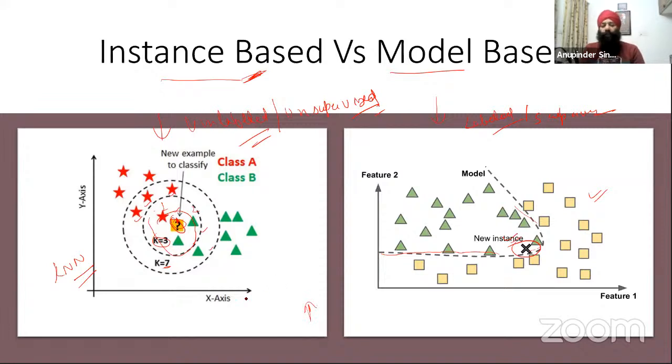So you look at the similarity indexes based on the neighboring nodes. Whereas here you have already defined the range, that if my value is between, let's say, 0 to 5, then it is a triangle, and if it is from 5 to, let's say, 10, then it is going to be a square instance, right? So this is what you get in terms of the instance based model.